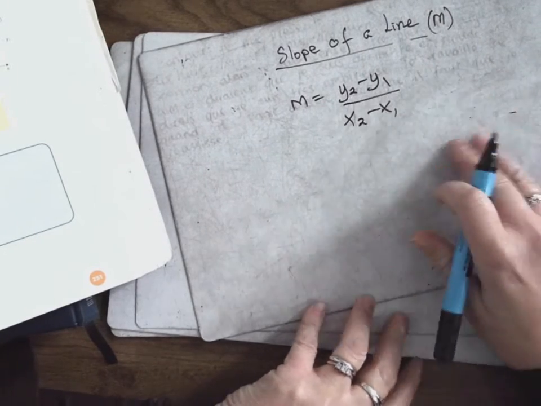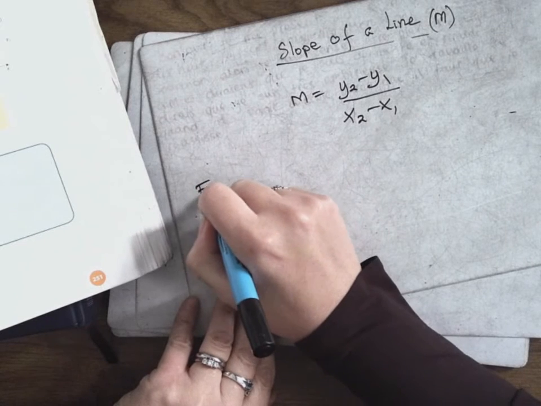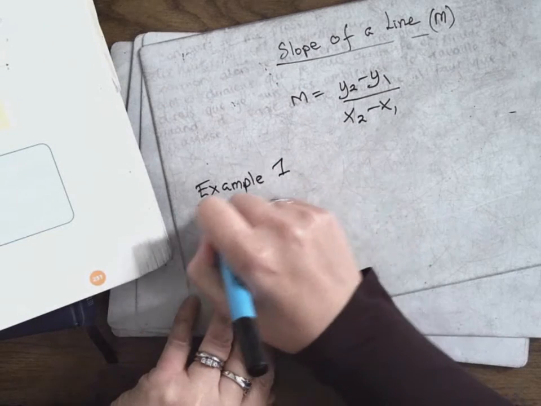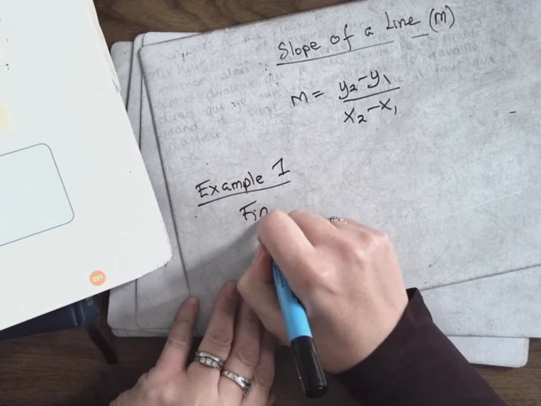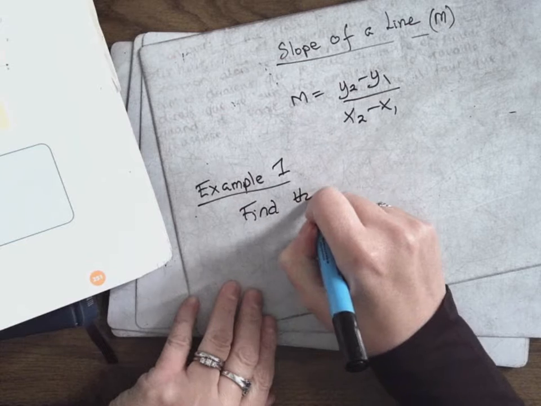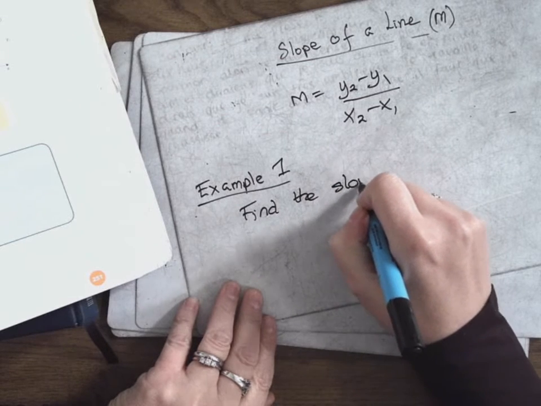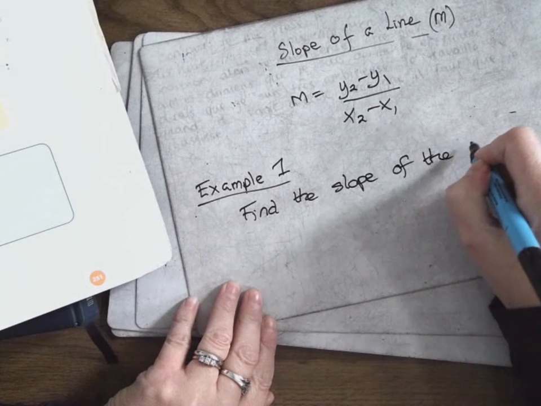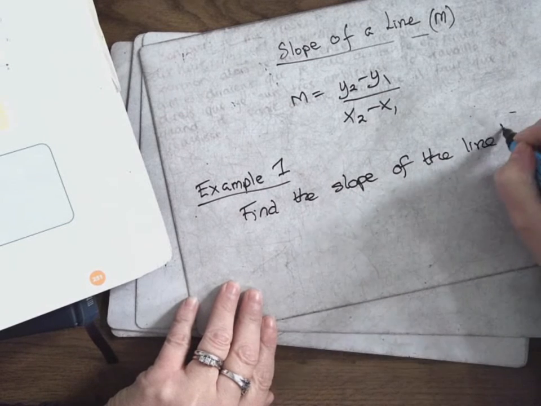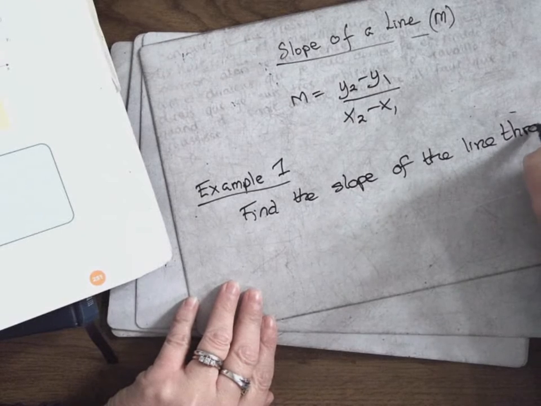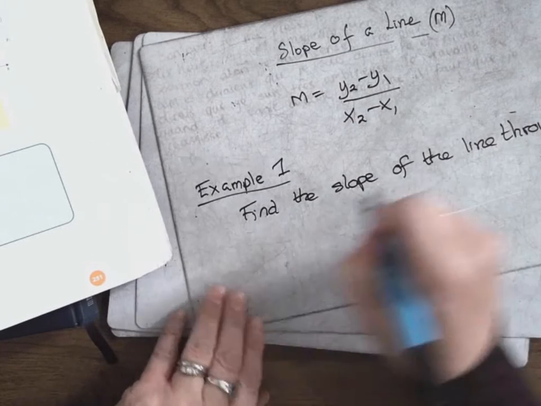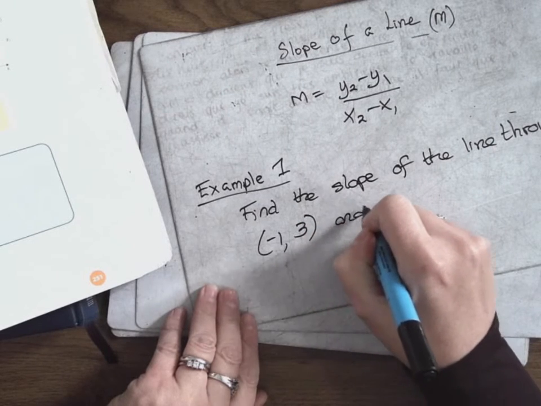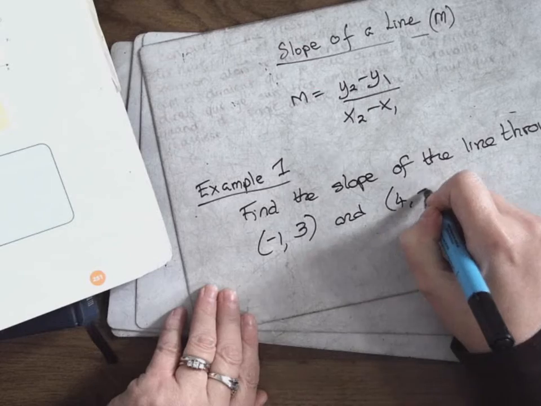Okay, example 1. Find the slope of the line through the points, and I'll just make some up. -1, 3, and 4, -2.